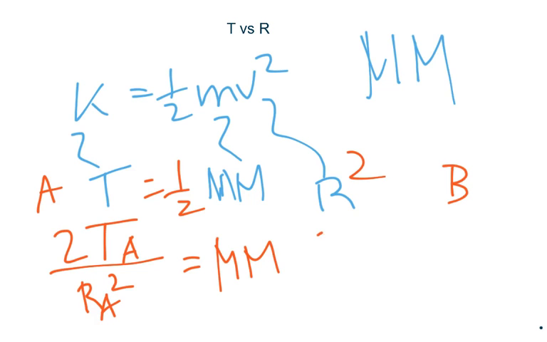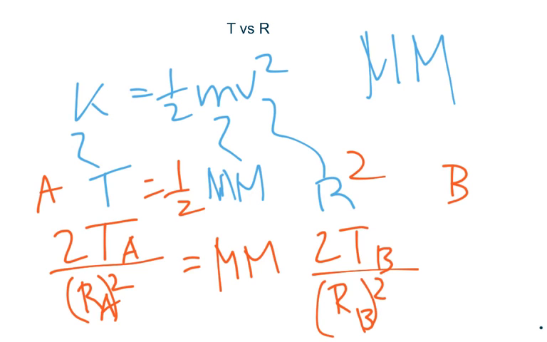And on the other side we will have 2TB over RB squared, with a parenthesis around that. And this will be equal to the molar mass. Notice how we are keeping the molar mass constant. In other words, we are not changing the type of gas we have.